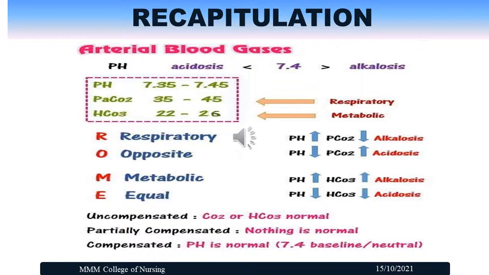Partially compensated is where all three, that is the pH, bicarbonate and partial pressure of carbon dioxide, are altered in the process of compensation. And uncompensated is where either bicarbonate or partial pressure of carbon dioxide is normal.